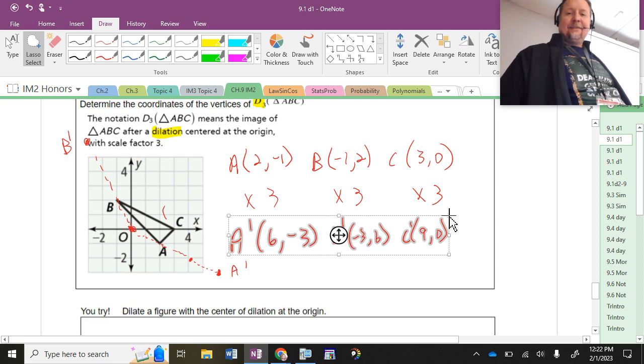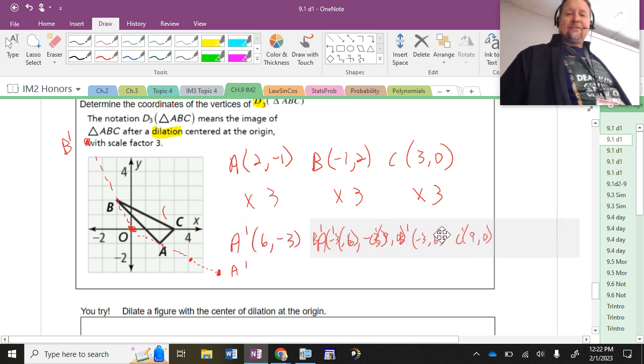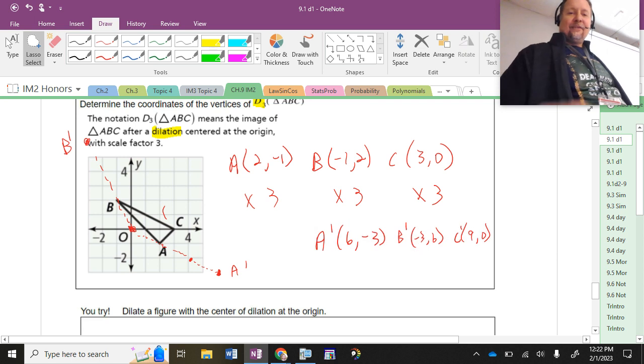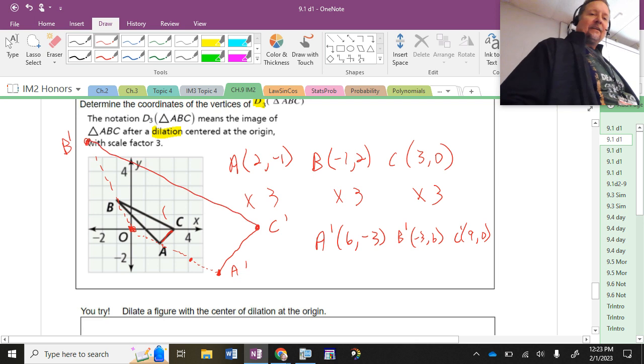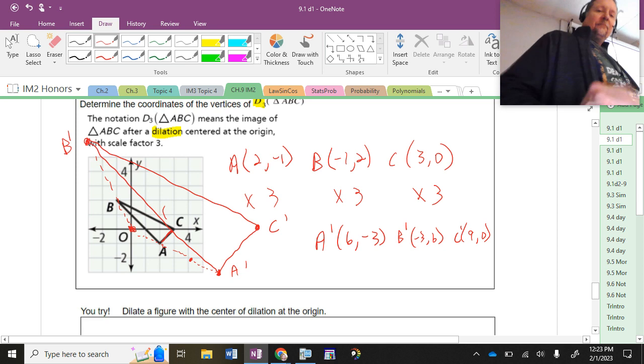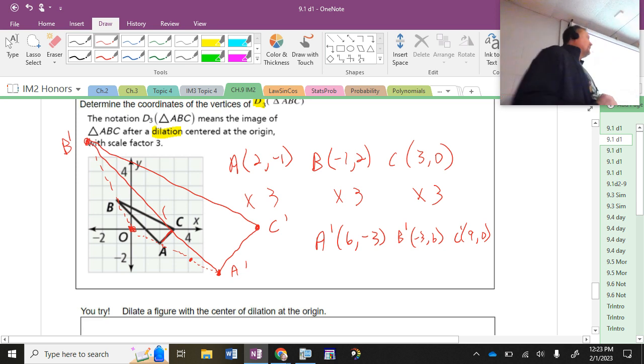And then 5, 6, 7, 8, 9. Somewhere around there. You know what else you could check, though? The parallelness of this side compared to this side. The parallelness of this side compared to BC. And then the parallelness of BA. And it's pretty darn close.